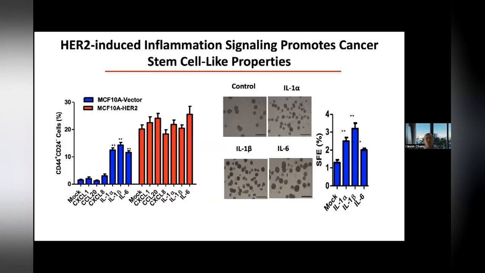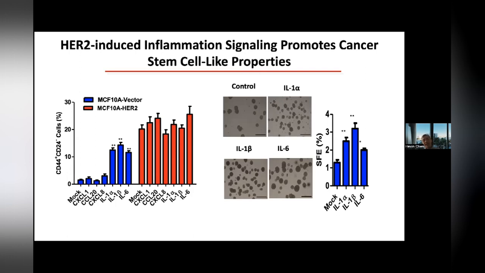So the next question is how these cytokines affect tumor cell growth or the stemness. The first thing we did was see how the cytokines affect tumor growth, but actually none of the cytokines dramatically affect tumor cell growth in the in vitro assay.